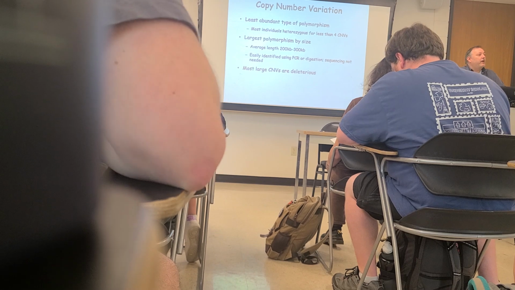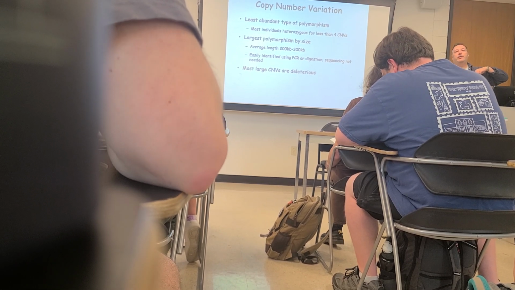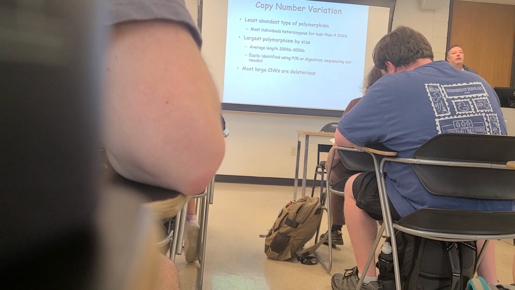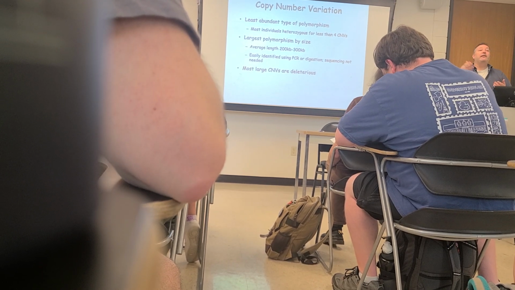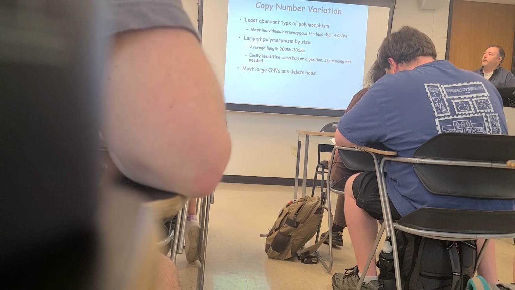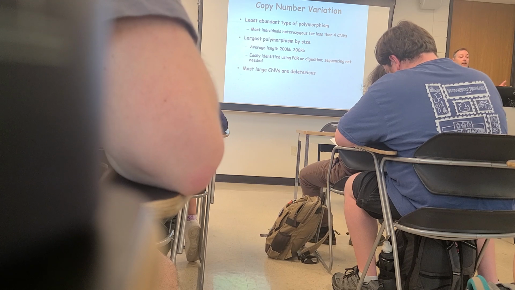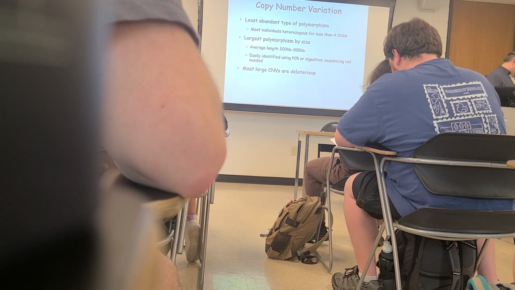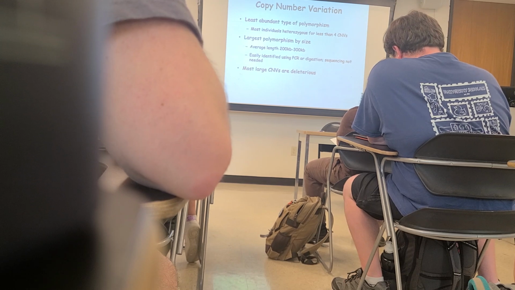With the copy number variation, we get back to the idea of a gene dosage as a problem. Remember, gene dosage is something that's going to make you significantly different than other humans. Now with copy number variation, we are going to see the largest amount of DNA affected, which is also going to give us the worst type of possible effect.